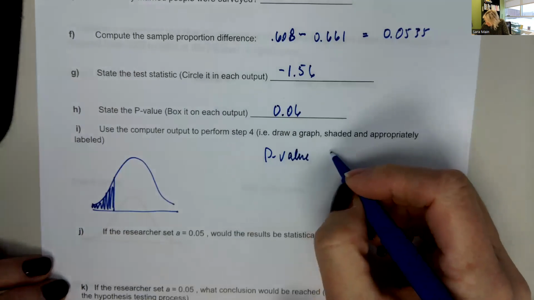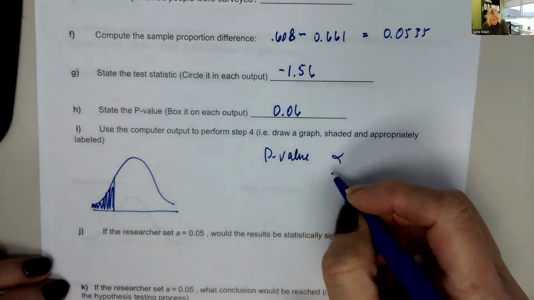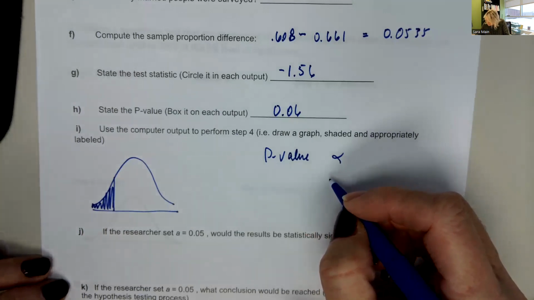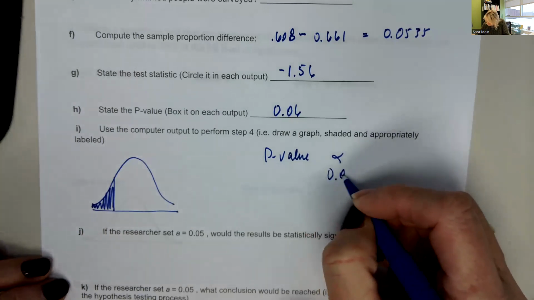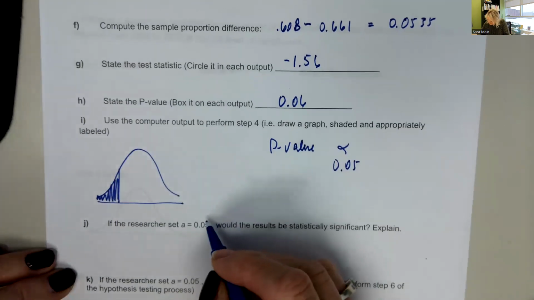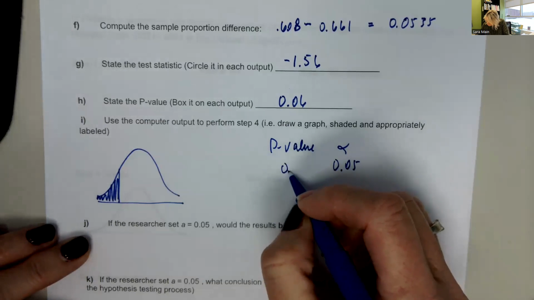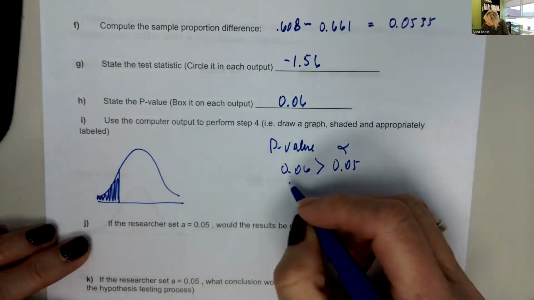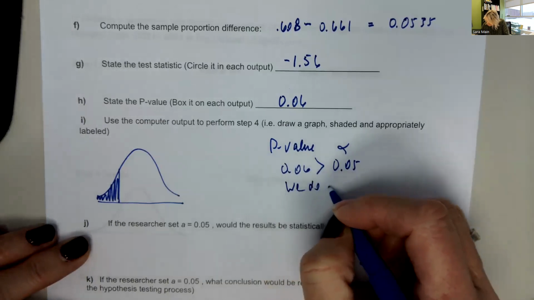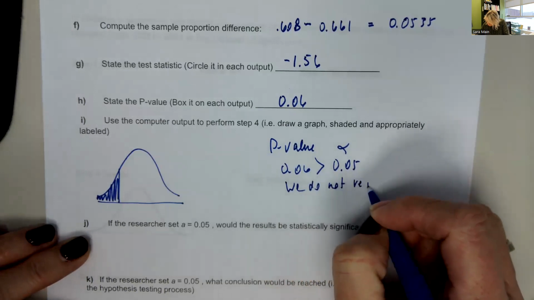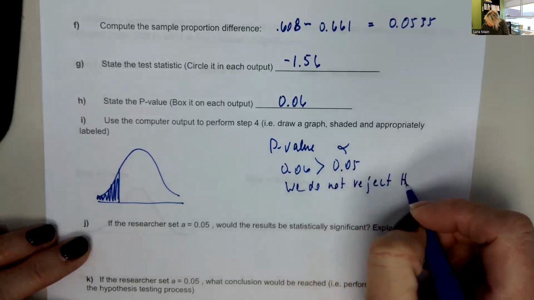And I am going to compare that to our alpha of 0.05 right here. Down in J, they're asking us. I just kind of did it all in one step, which is greater than, so we do not reject H0.